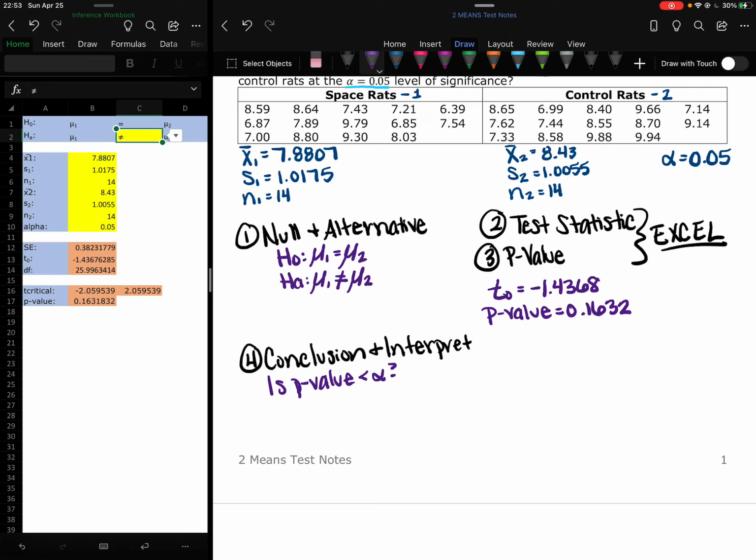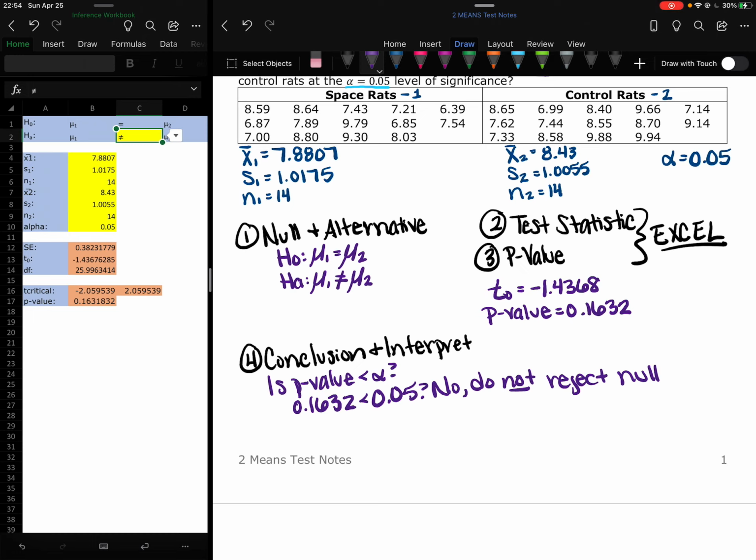Are the probabilities of these results too small? So is 0.1632 less than 0.05? No, it is not. So if P is not low, we do not reject the null.